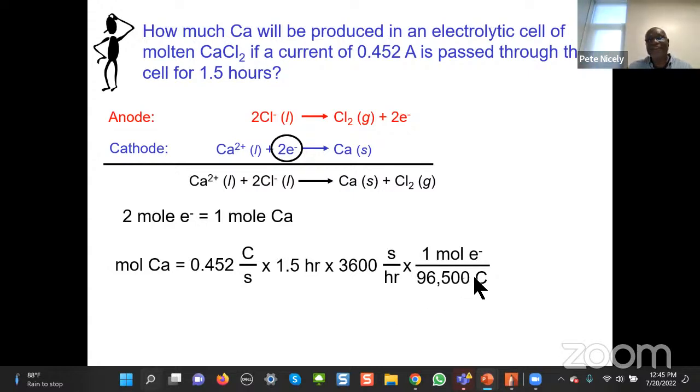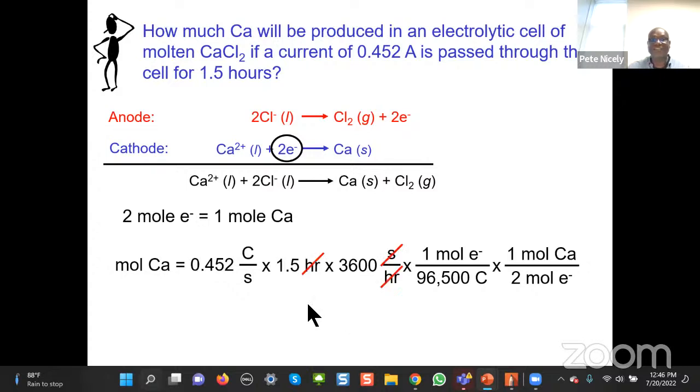And then, since I know the mole ratio between the moles of electrons and the moles of calcium, I would multiply by a conversion factor where I would have 1 mole of calcium above as a numerator and 2 moles of electrons below as a denominator. And then you're going to see the units canceling out, as you can see here.